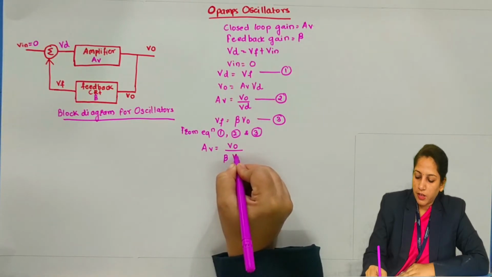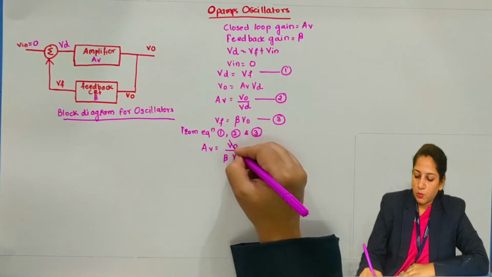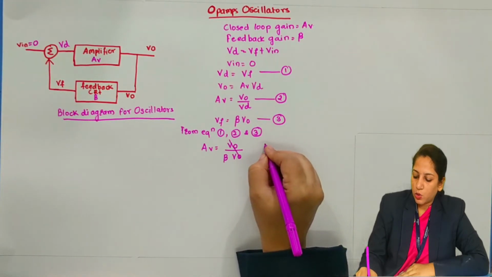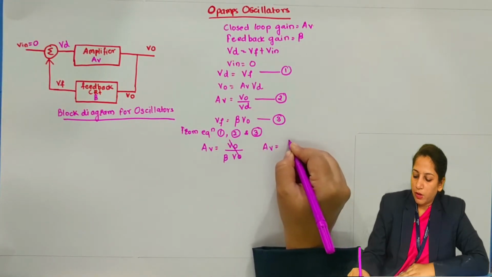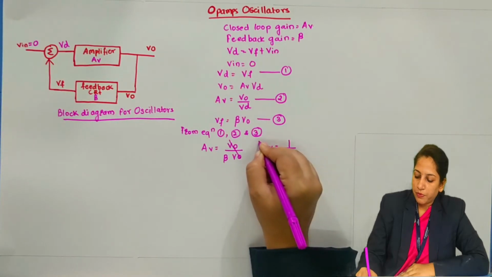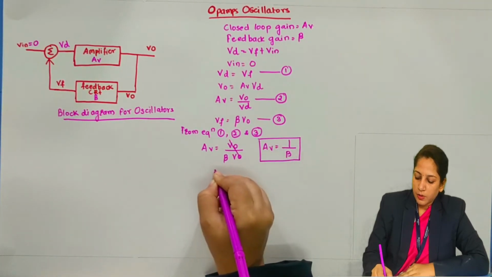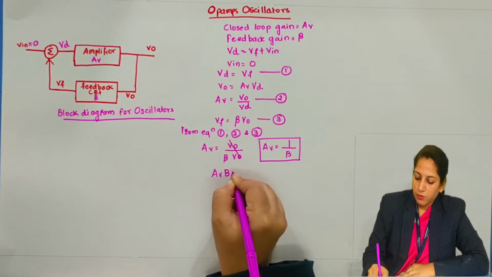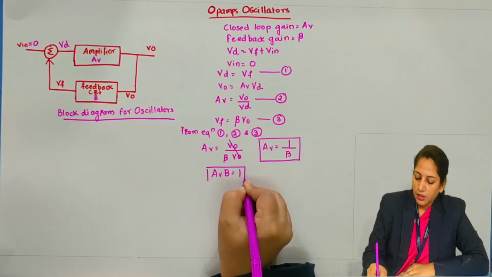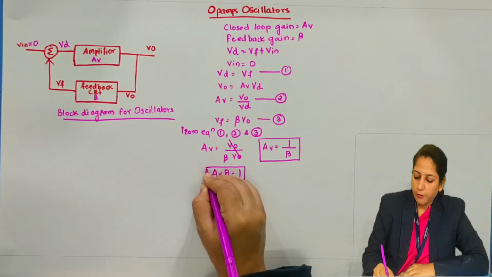So AV equals V0 upon beta V0, and these both get cancelled and so my AV will be equal to 1 upon beta. Suppose AV beta is equal to 1. This is the final criterion we have got.